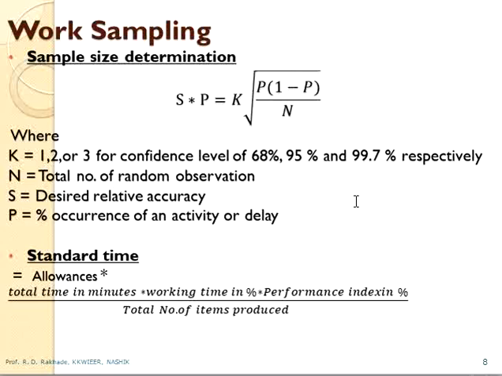The higher the level, the more the confidence level. Then capital N denotes total number of random observations. So in this way, by this formula, we can calculate sample size for calculating standard times.